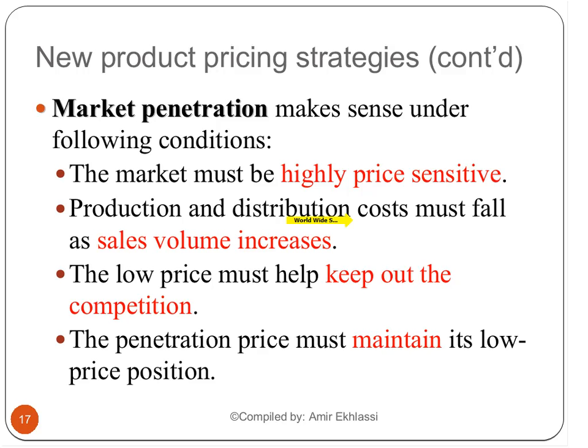Can anybody tell me which kind of products at the moment has market penetration as its objective in the world? Very good. Chinese products. Thank you so much. The products of many Chinese companies, the objective is market penetration.